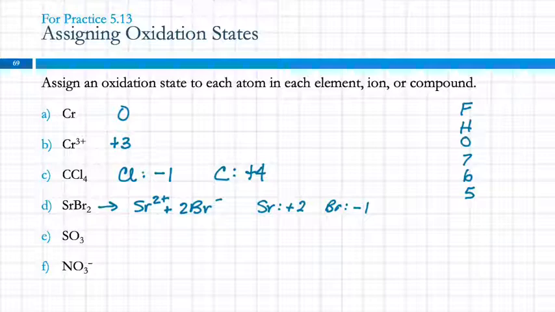Because that's the charge it would have if it got to be an ion. So the oxygen's going to be -2. There were 3 oxygens. So the sulfur has to make up the difference so that overall all the oxidation states add up to 0. +6.